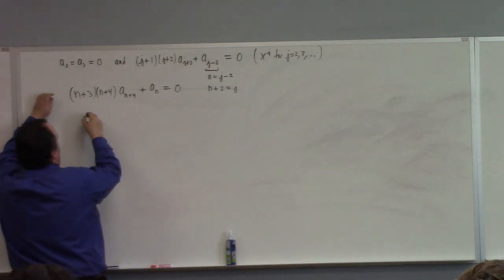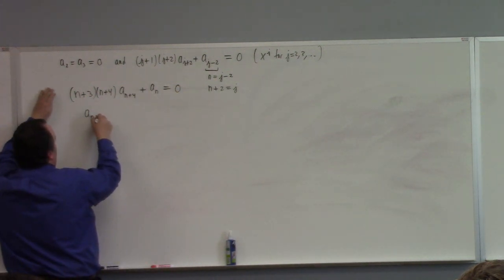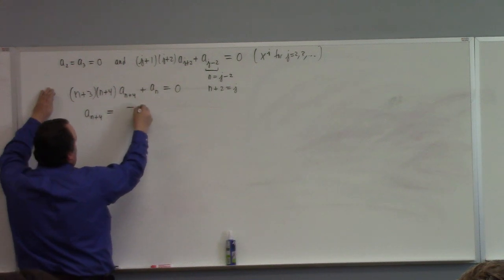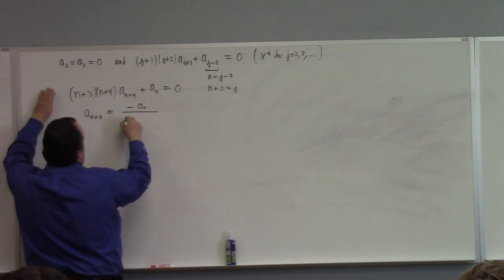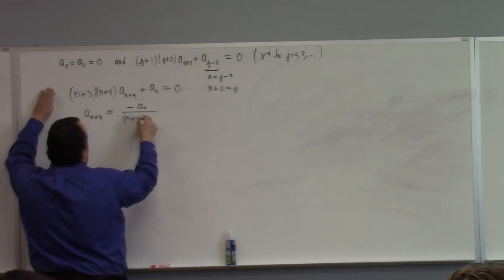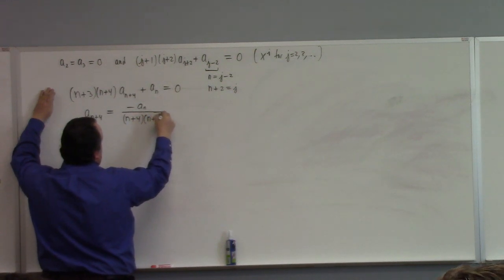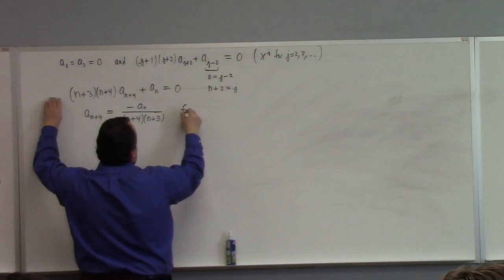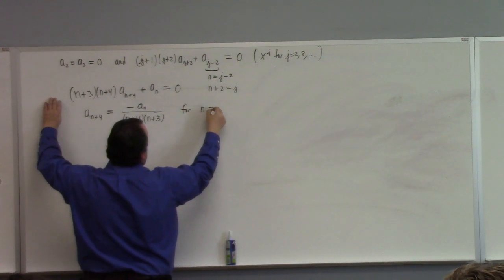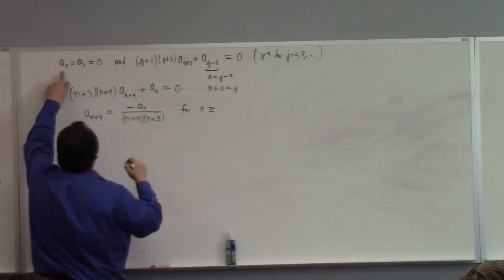Or if you like, and I prefer to write it this way, a sub n plus 4 is equal to minus a sub n divided by n plus 4 times n plus 3. This is for n greater than or equal to what?